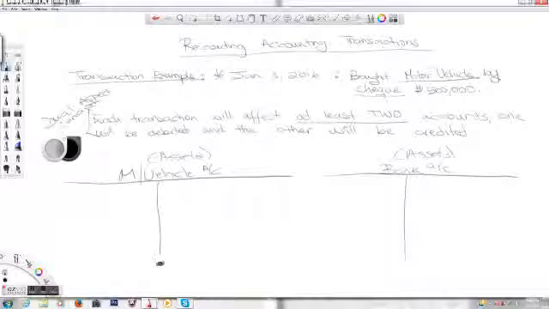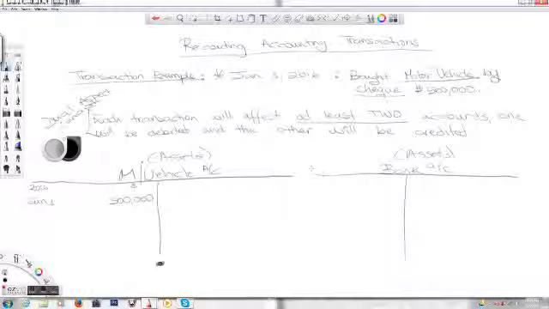The double entry rule for assets says, to increase, we debit, and to decrease, we credit. So since we're increasing motor vehicle, we're going to debit. And by debit we mean write it over here. This is how we write it. So 2016 up here, January 1, and we write the amount in the corner. 500,000, that's the value of the motor vehicle.